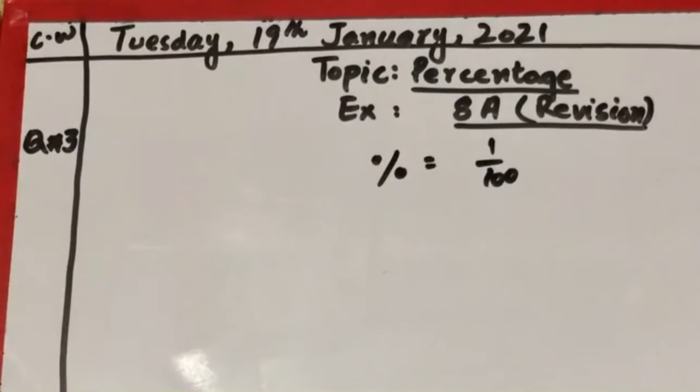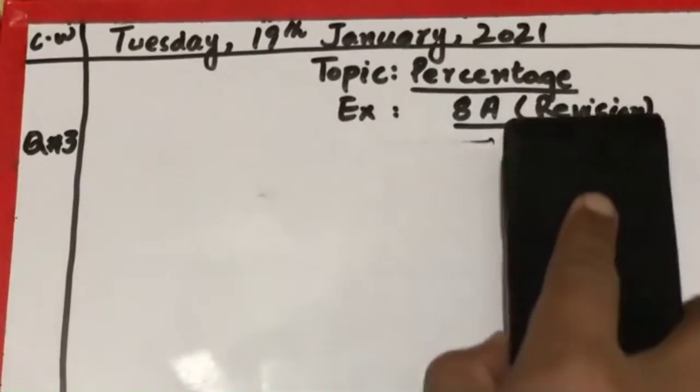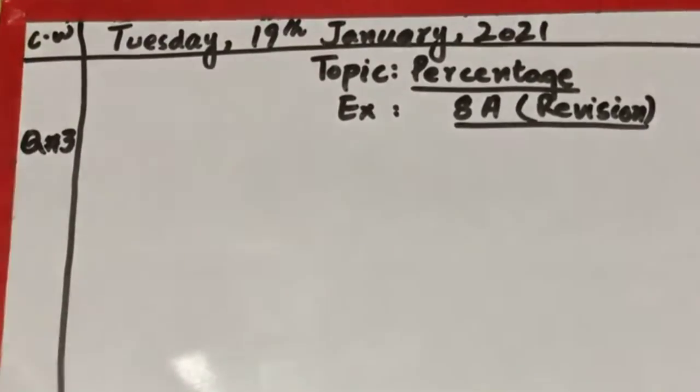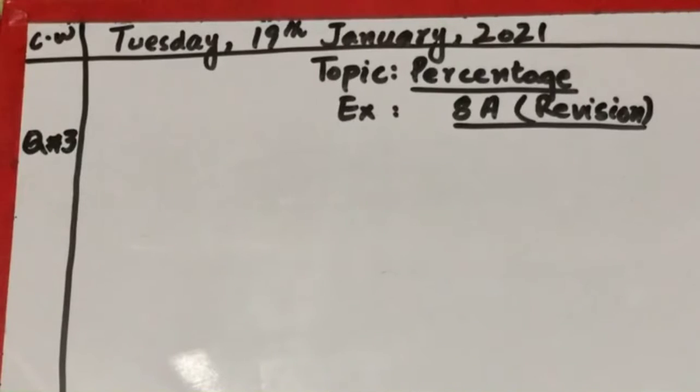In previous lectures we have learnt how to convert the percentage into the fraction and into the decimal number. Today we are going to learn how to convert the fraction as a percentage. Today we are going to solve question number 3.